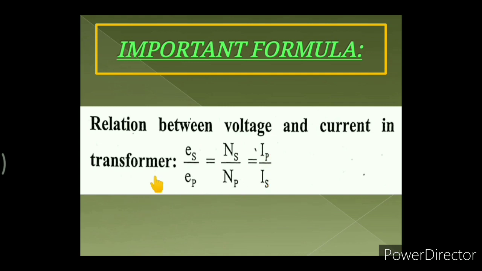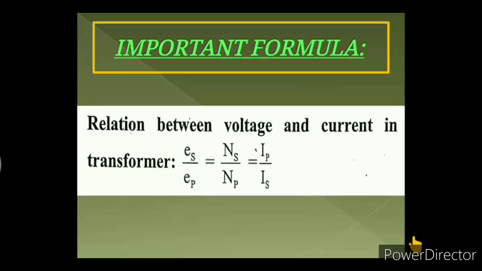Hence, we can write ES upon EP is equal to NS upon NP is equal to IP upon IS. So, these are the important formulas for the chapter electromagnetic induction that will be used to solve the numericals.